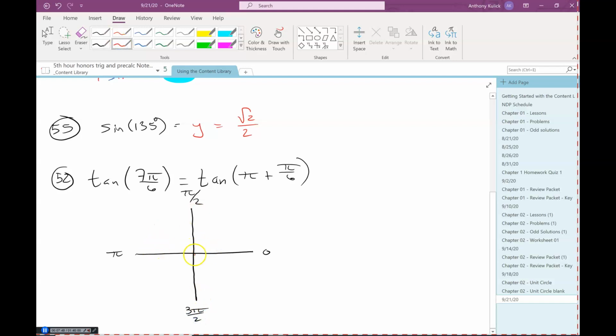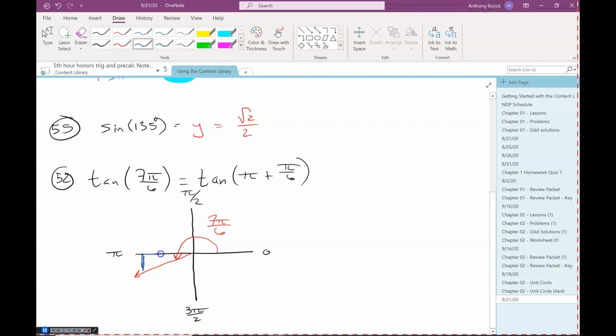So we have pi and then pi over 6 more would be this angle here. Okay with that so far? Very important you're able to get that angle in the correct quadrant. Makes a big, big difference.